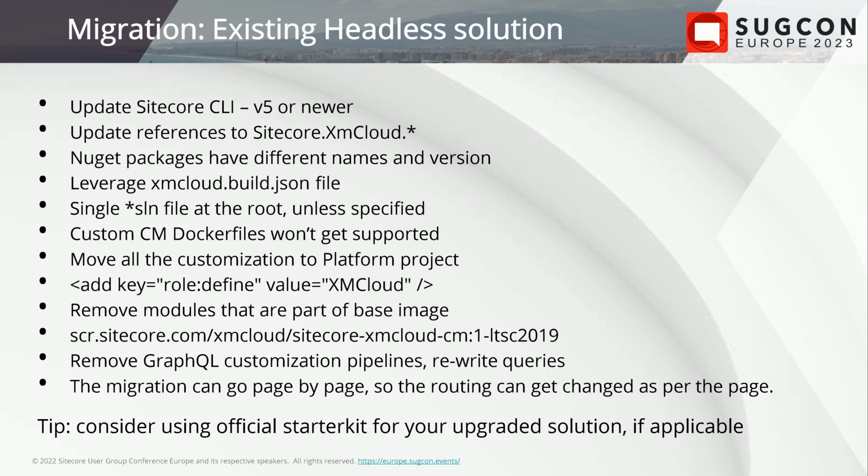You will need to leverage xmcloud.build.json file, which is now a very much important file located at the root of your mono repository. If you have solution file, you need to place it there. If not, you will need to reference it from xmcloud.build.json file. Custom CM Docker files won't get supported, and all customizations done into that Docker files will be simply ignored.